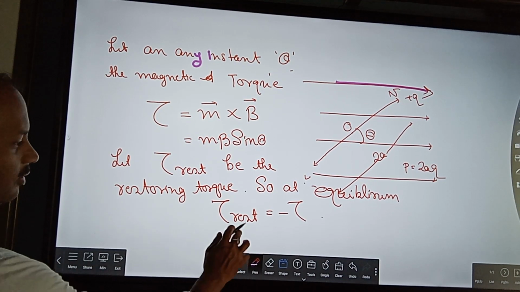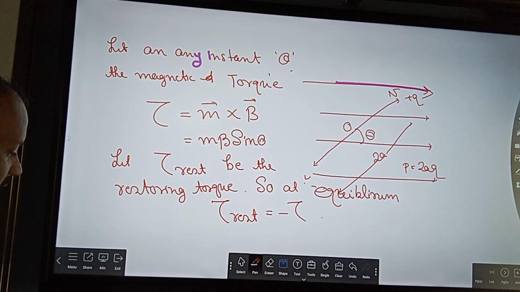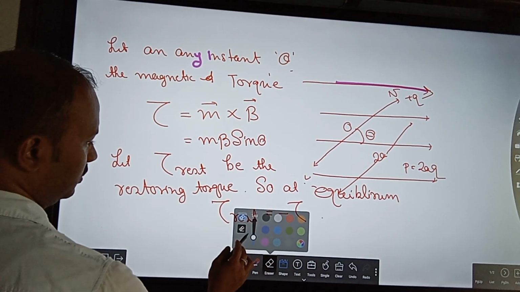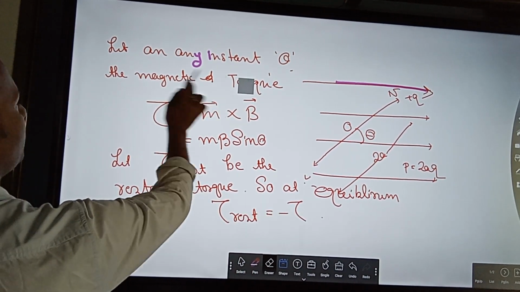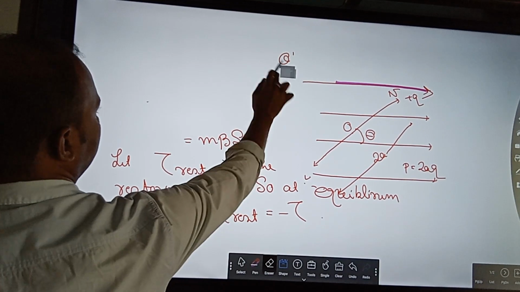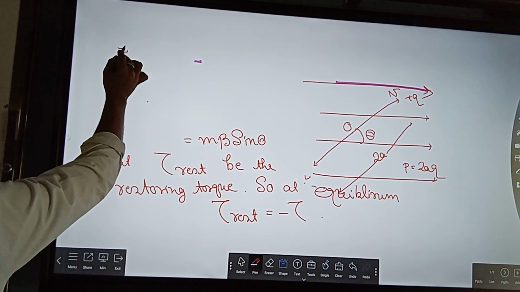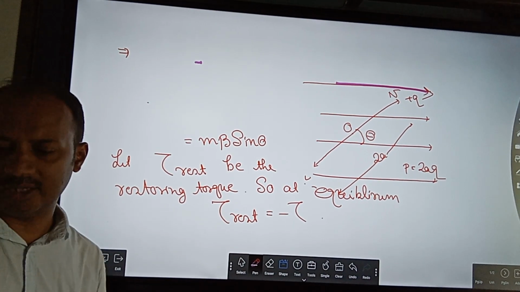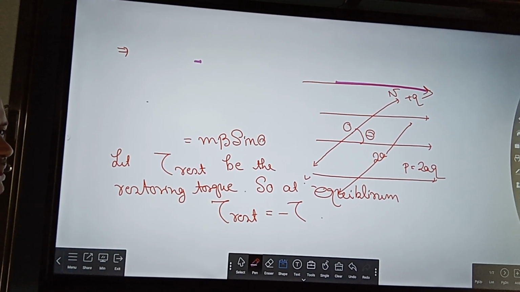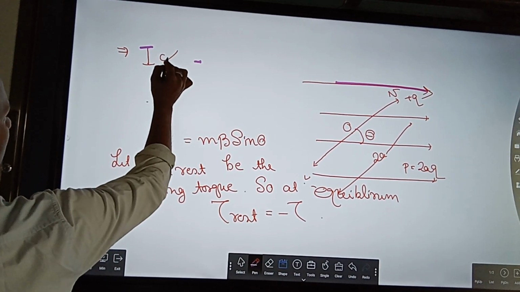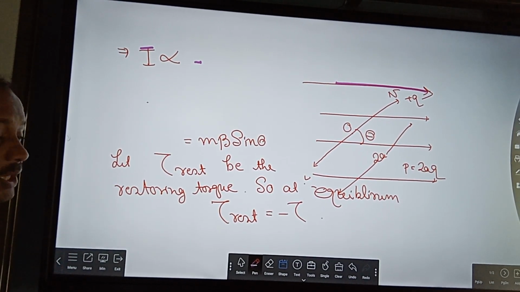So this tau rest, what is the formula of tau rest? I into alpha.